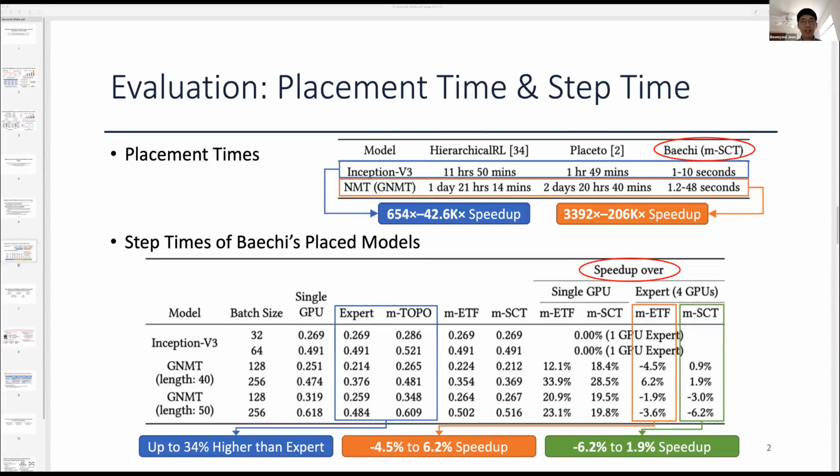Our first attempt is to disable co-location to avoid placing too big a chunk of operators on the same GPU. But as we can see in the evaluation, co-placement is very beneficial to minimize communication overhead.